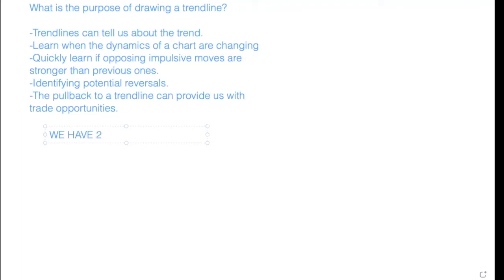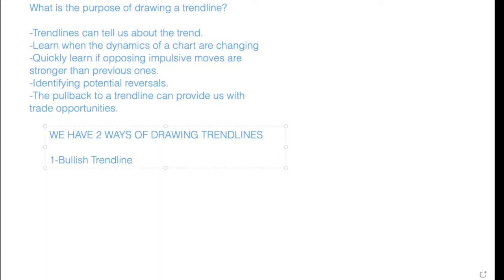Now, when you trade supply and demand, we have two ways of drawing trend lines. Number one is the bullish trend line.